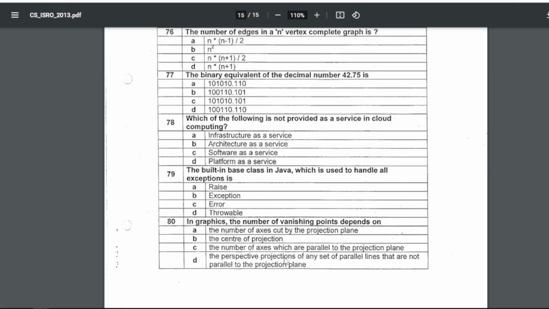A vanishing point is a point on the image plane of a perspective drawing where the two-dimensional perspective projection of mutually parallel lines in three-dimensional space appears to converge. So for 80, option D will be the answer: the perspective projection of any set of parallel lines that are not parallel to the projection plane.